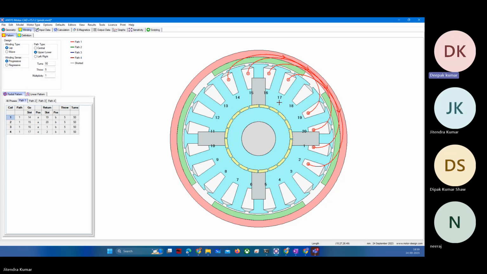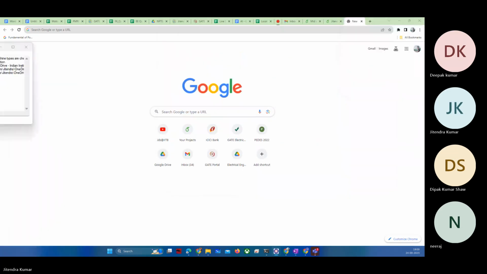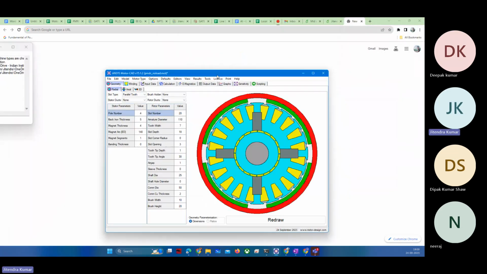Sir, he is typing in the chat box, I think. Can we say that the armature core will see a reversal of flux depending upon whether the armature core is in front of the North Pole or the South Pole? Yes, so change of flux will be there. Let me show you. Obviously, change of flux will be there.